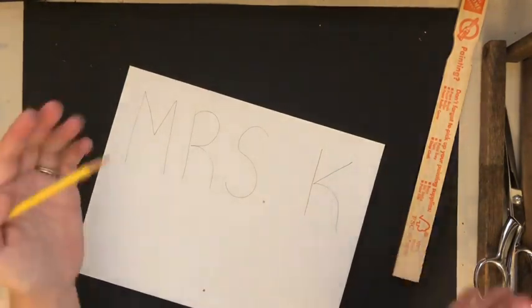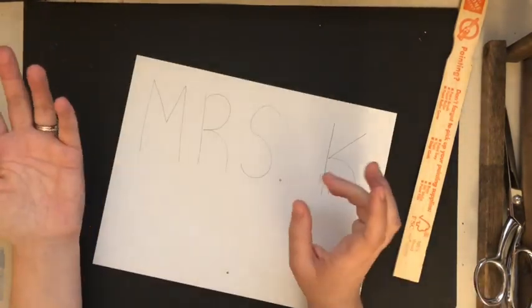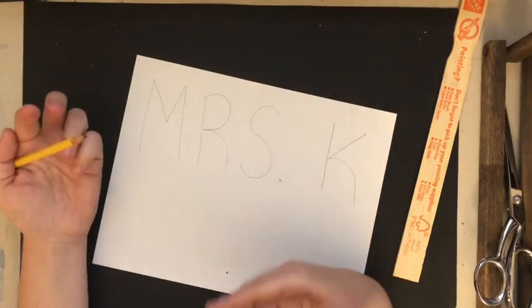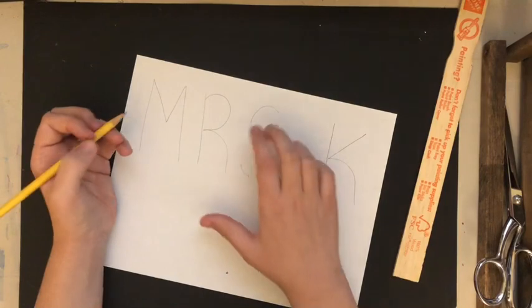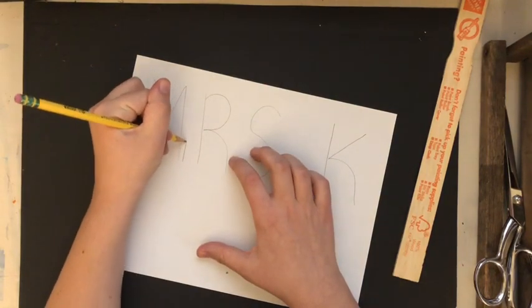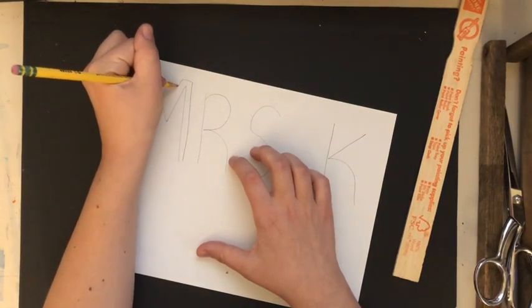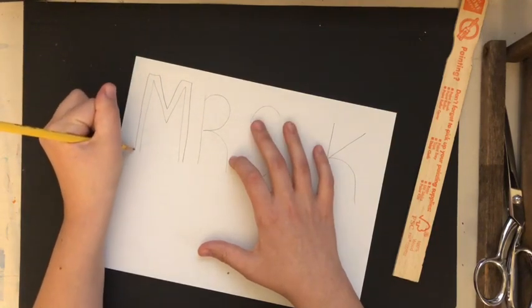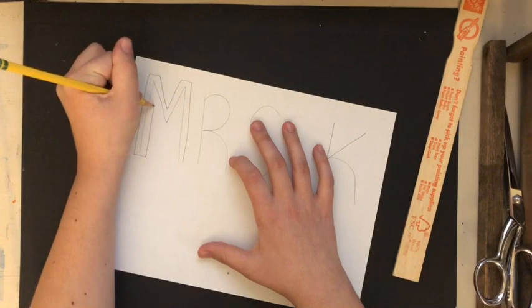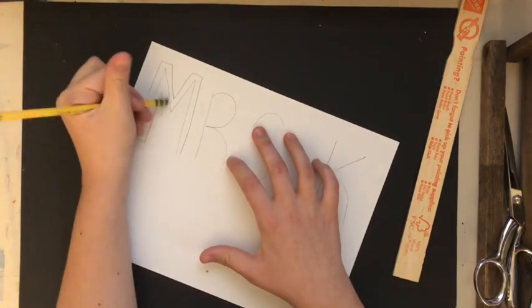Now if you know how to draw in block letters, you could draw in block letters first. This is a way to draw in block letters if you're learning. So I wrote my name as I normally would. Now I'm just going to trace a line around the letters that I have to write my name.